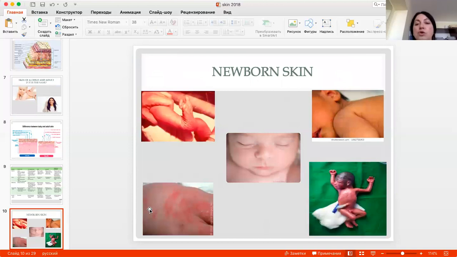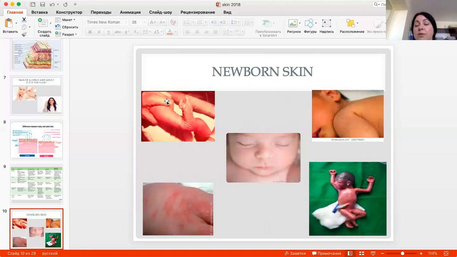So look, what are the peculiarities of newborn skin we should talk about? Upper picture. The newborn skin is extremely likely to be dry because of underdevelopment of sweat and underdevelopment of oily substances production. That's why it looks like this.